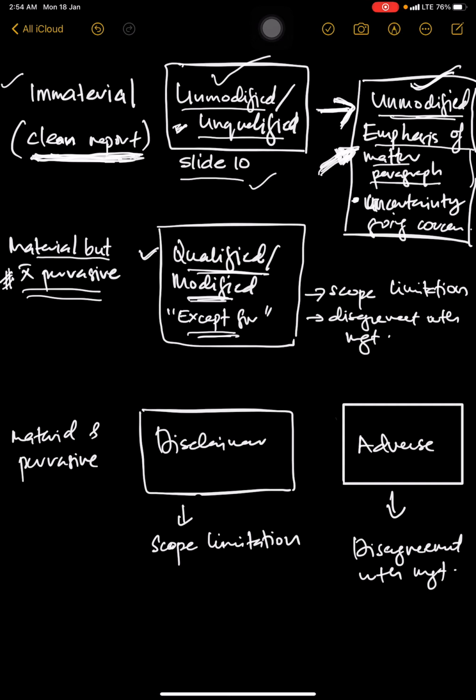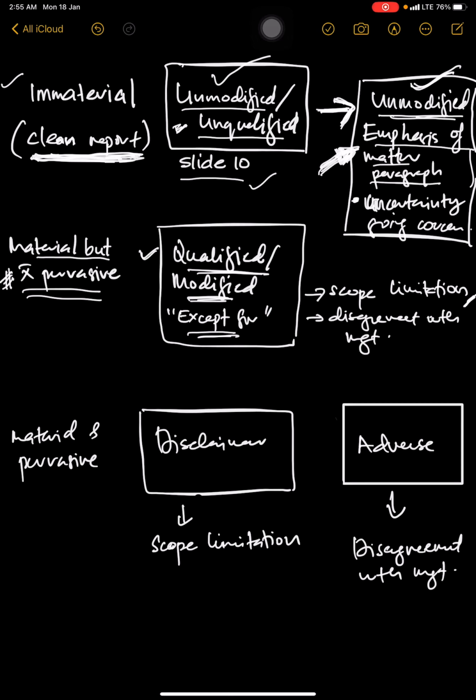We have to look at the condition, whether it is scope limitation. Scope limitation means you are not able to perform your job, no matter the situation. Either you are restricted from doing your job, or you are unable to find the things that you want.